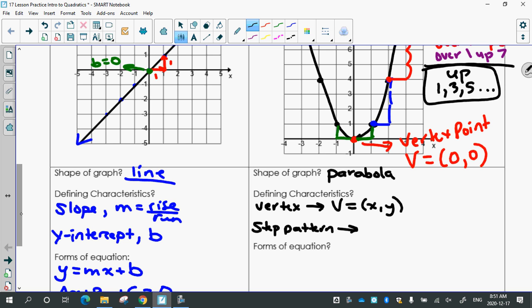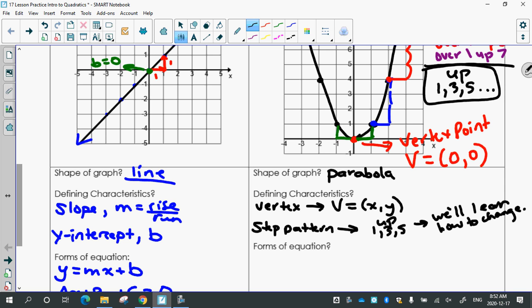For the most basic one, we decided the step pattern was up 1, 3, 5, but we'll learn how it can change. We'll learn how to change it. Is it always over 1? Yes, no matter what, always. That's really important as we go to figure out transformations. Actually, later today, that over 1 will be really important for us.